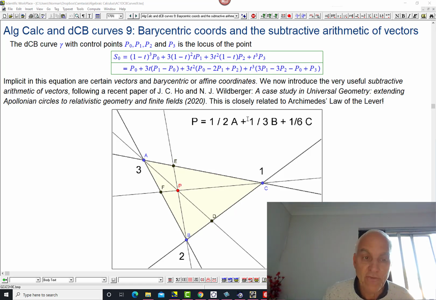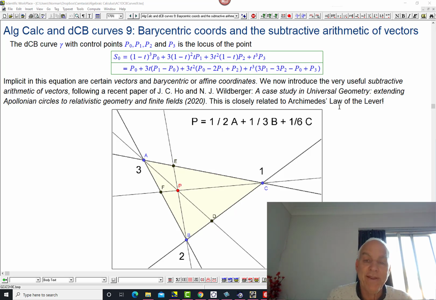So this sort of subtractive arithmetic of vectors that I'm going to explain to you is following a recent paper of Joshua Ho and myself. The paper is called A Case Study in Universal Geometry, Extending Apollonian Circles to Relativistic Geometry and Finite Fields, 2020, and a link to that will be below. You can have a look at it.